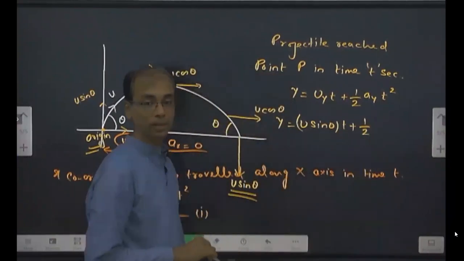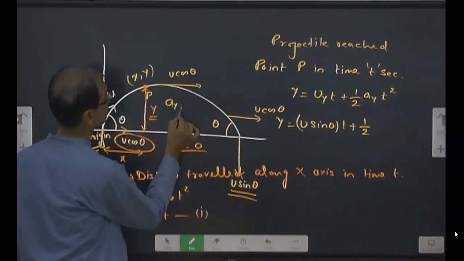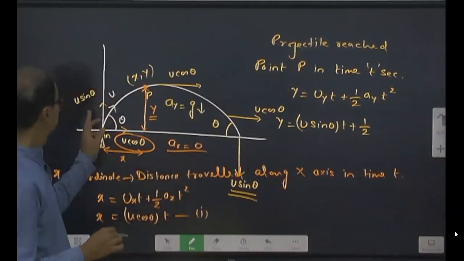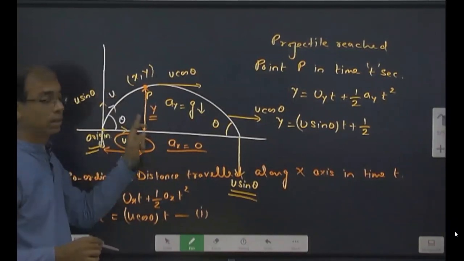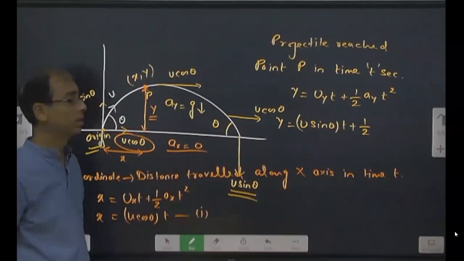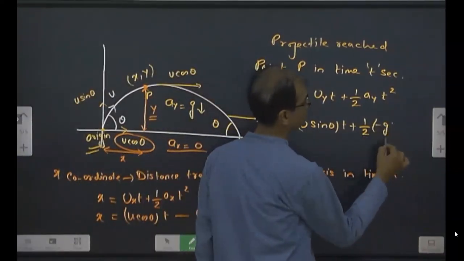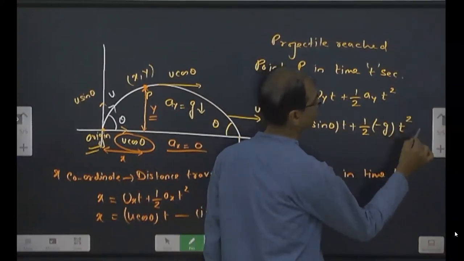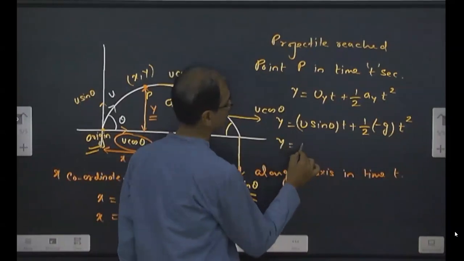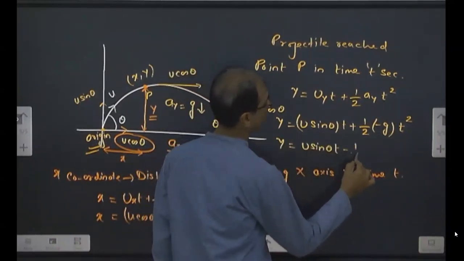Acceleration along y, is it there? Yes, it is there. And acceleration along y is actually g, which is acting downwards. Initial velocity was upward, and this is downward. Both are in opposite directions. That means what I'll write over here? Minus. So minus half g t square. So y coordinate: u sin theta t minus half g t square.